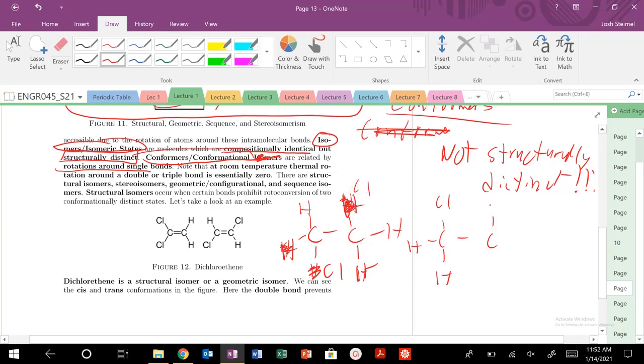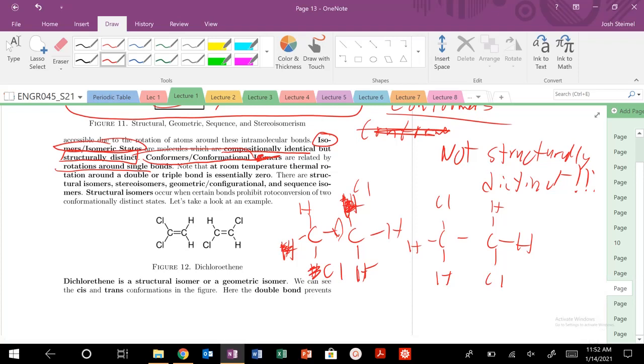Excuse me for that. These are conformers because I could relate them by rotating around a single bond here.